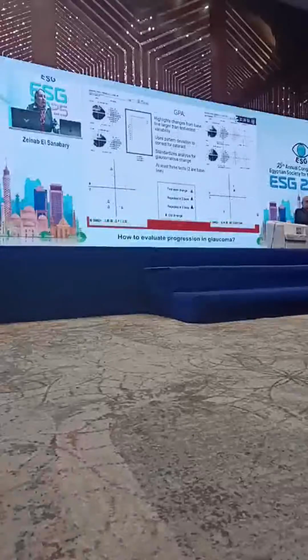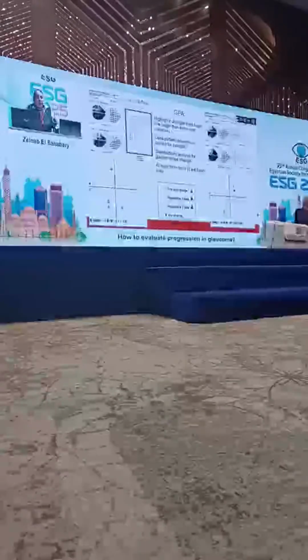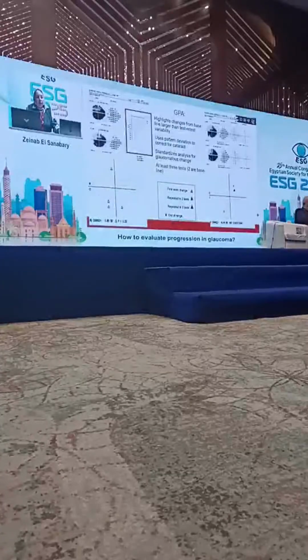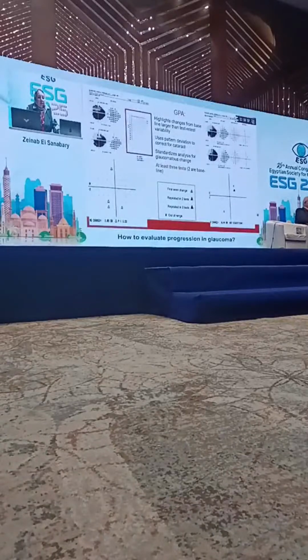But if I have more than 3 tests, I can use the glaucoma progression analysis. The advantage of glaucoma progression analysis is that I have what we call a trend analysis, as we see, plotting the mean deviation along the different tests and showing if the mean deviation is progressively low or is improving.